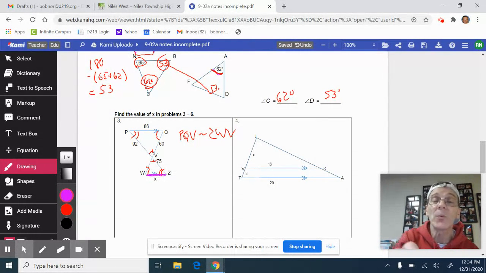Now, probably without doing this work that I urge you to do, you would all guess that X corresponds to the 86, and you would be right. We could verify that by looking at the names of the triangles that I've written. The X comes from segment WZ. That corresponds to PQ, which is the 86.